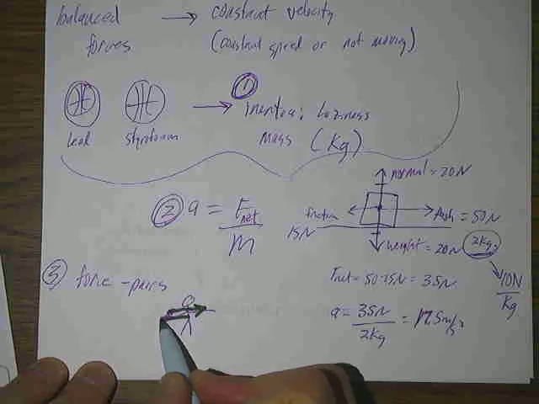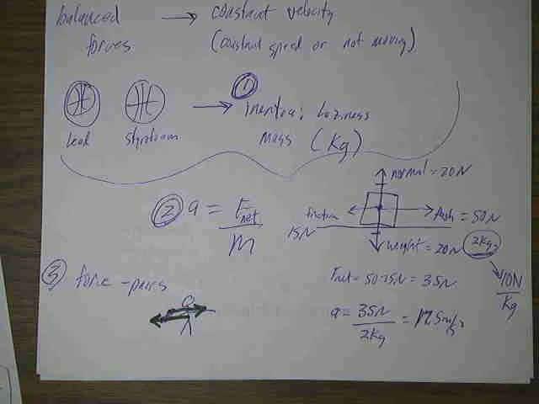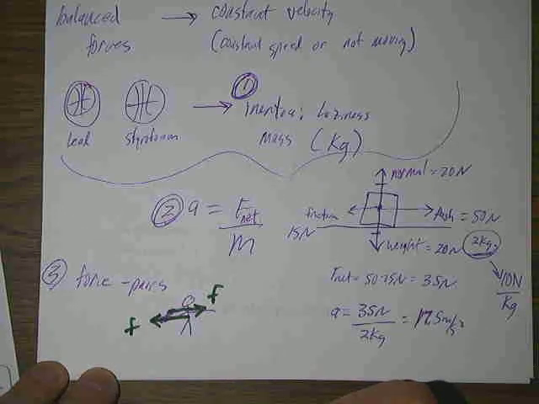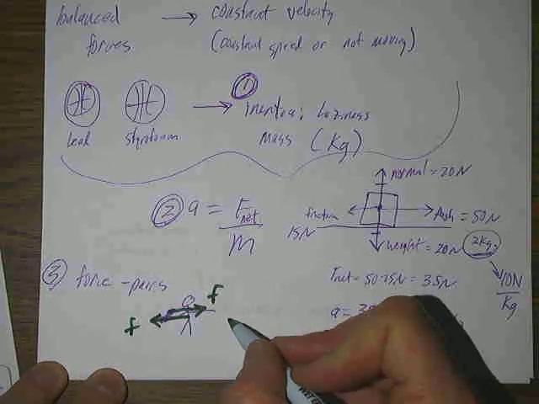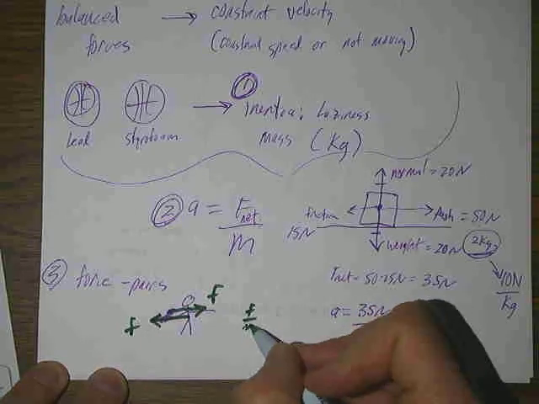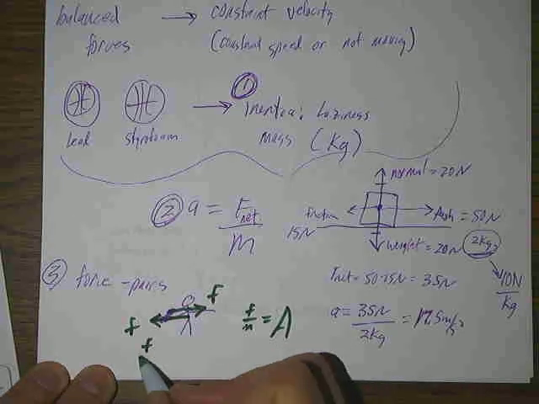So if I am throwing an object here with really long arms, I'm like an ape or something, and I'm throwing this object, I'd say, okay, I'm pushing on the object with a force, but then the object is pushing back on me with an equal force. Now those forces don't cancel out because they're acting on different things, but they are equal in size.